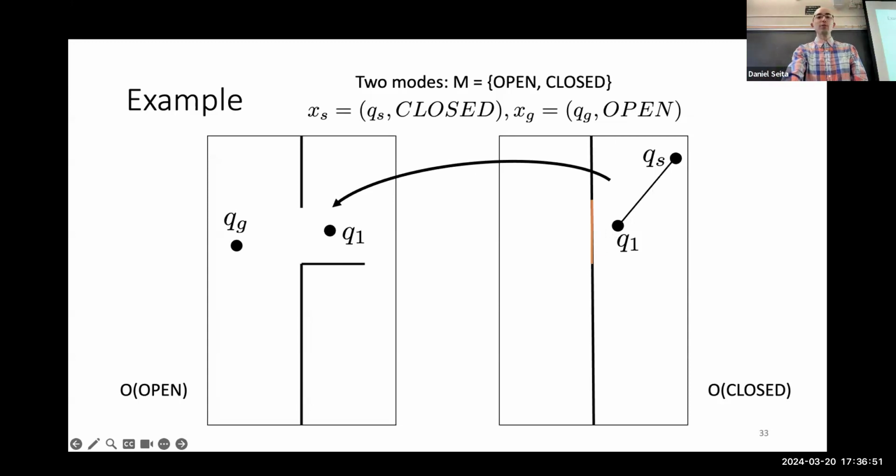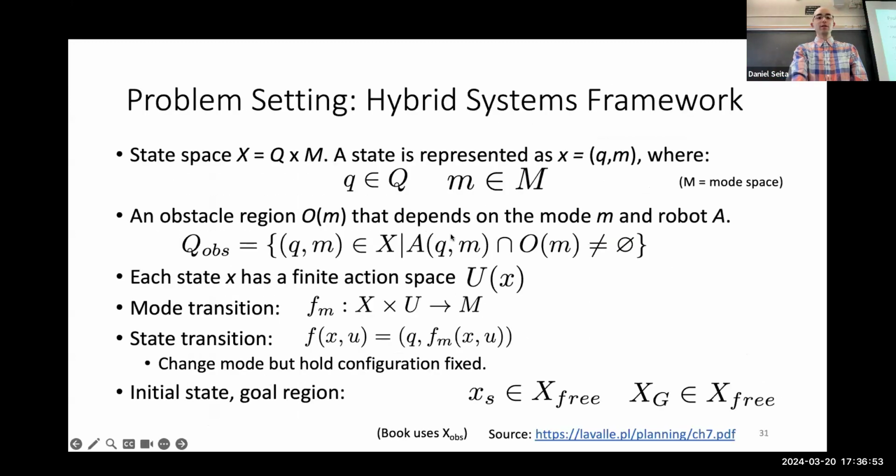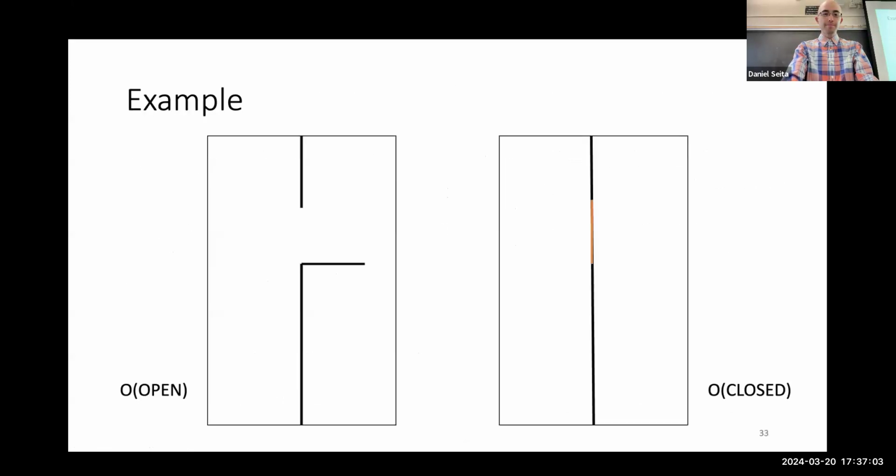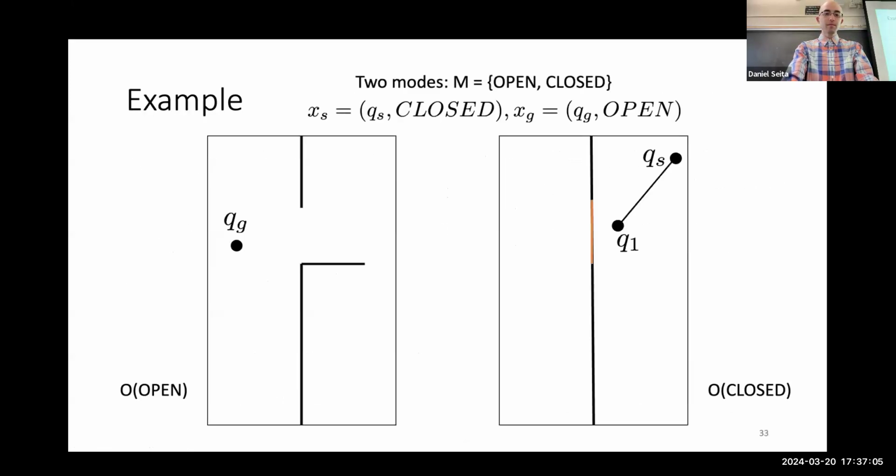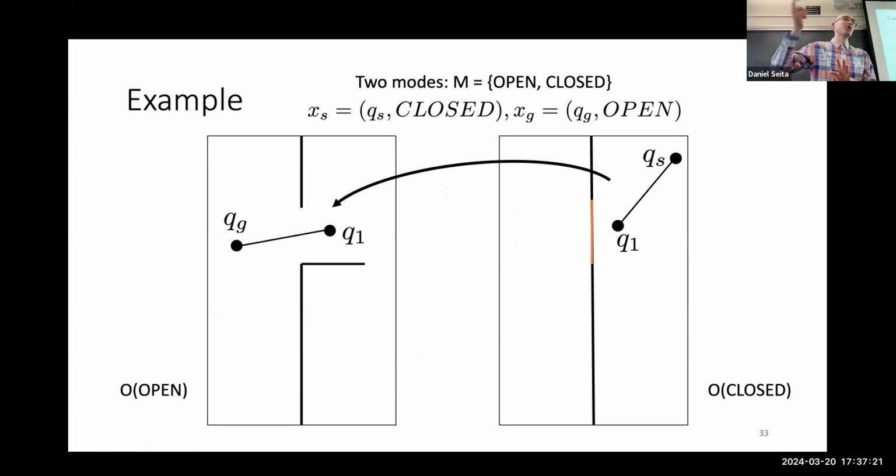So remember there's an action here: each state has a finite action space that includes do nothing, but also in this case, open the door. Then you can try to connect your path, and this will give you your path from the RRT. It's just that you have to consider the abstraction of having another component in here, which is the mode.